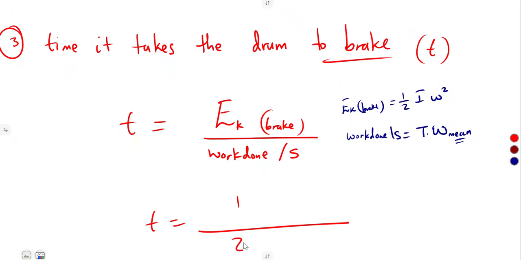So that's going to be I omega squared. This is 2 for this half times this one. 2 times T times omega mean. The mean, we need the mean value there. So you can have your time in what? In seconds.